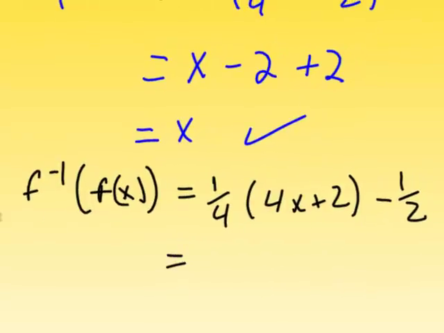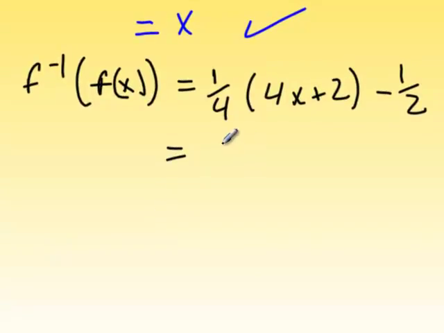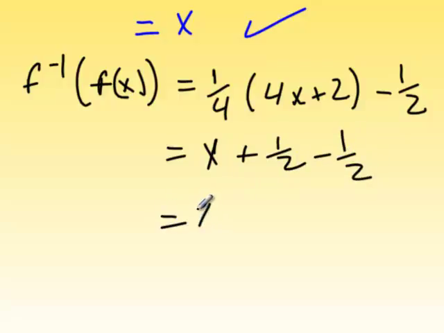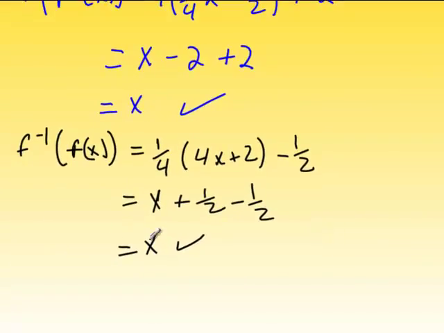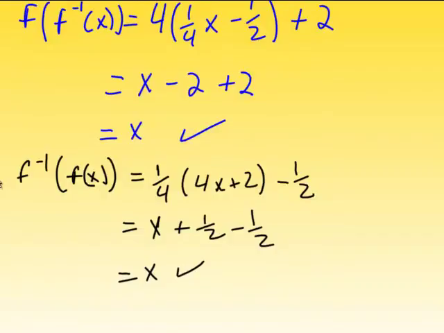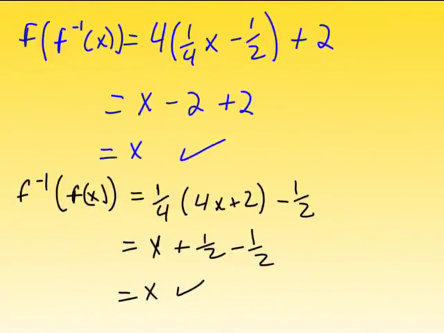So I'll distribute the 1/4. That's going to leave me with x plus 1/2 minus 1/2, and thus that just equals x. So it checks out. So therefore, we can verify that they are inverses of each other.